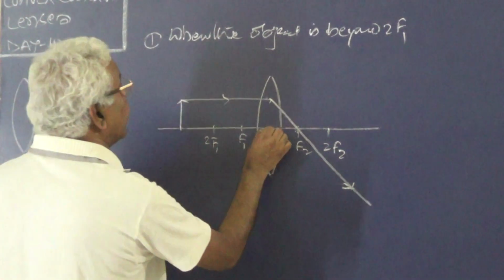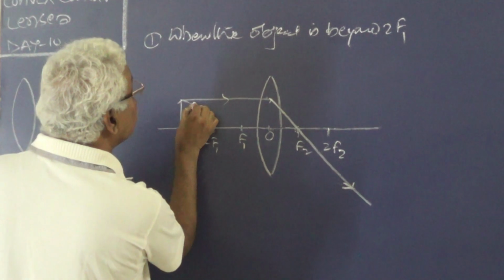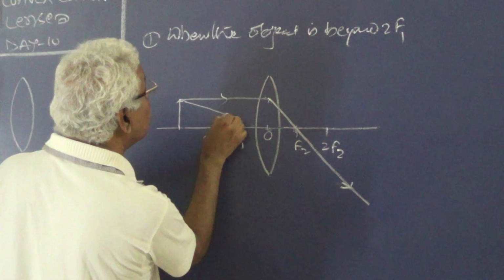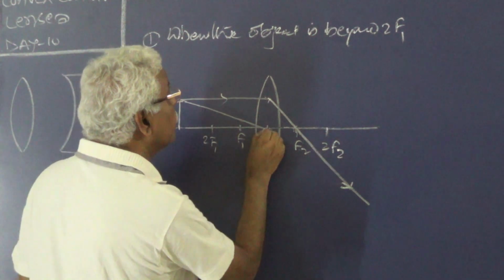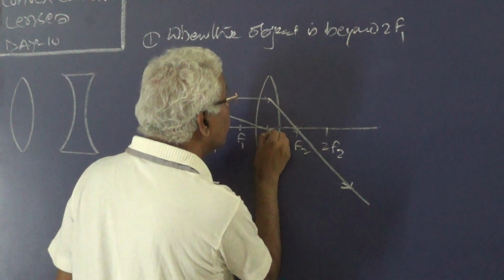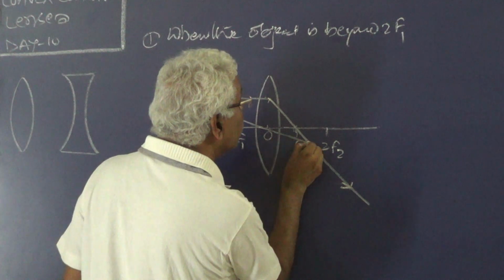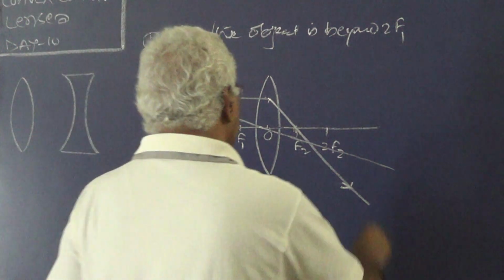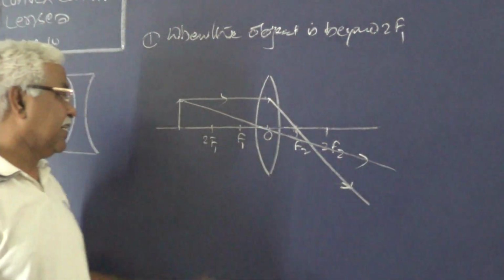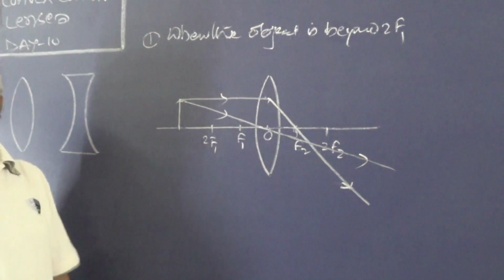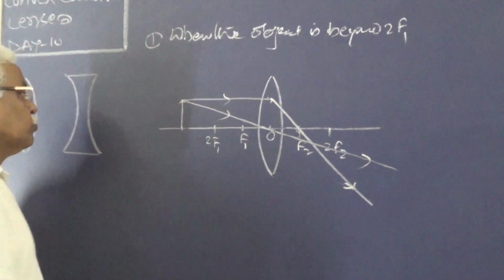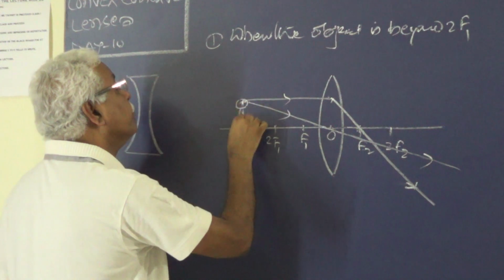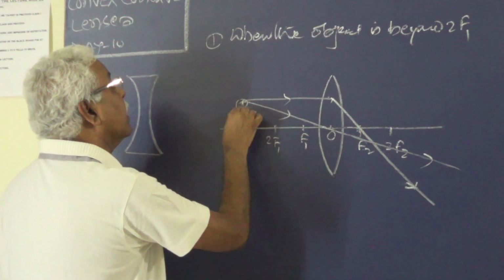Now the next. Second, this will pass through. Now see, it is a straight line. So, the second ray has passed through the optical center. Now you are here. हम यहाँ पर हैं. हमारा इमेज यहाँ बनेगा.